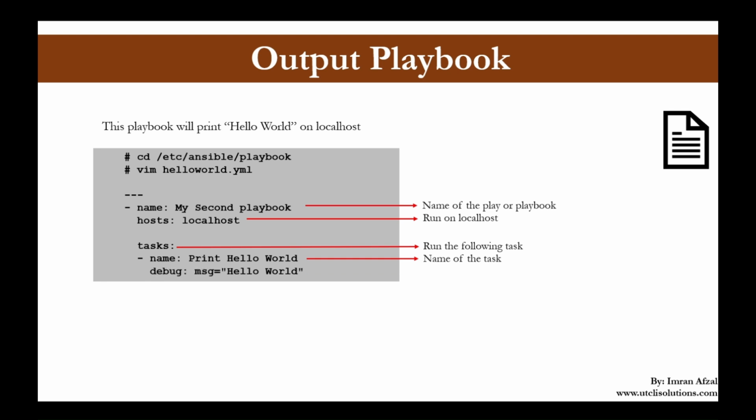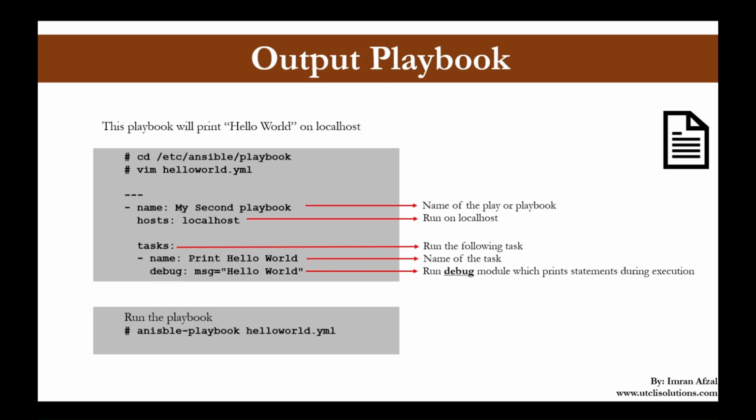The module name for printing something on the screen will be debug. And you have to define its option of msg equal to "hello world" in double quotes. This debug module will print a statement during execution. And then we'll run this Ansible playbook by running the command ansible-playbook helloworld.yaml.